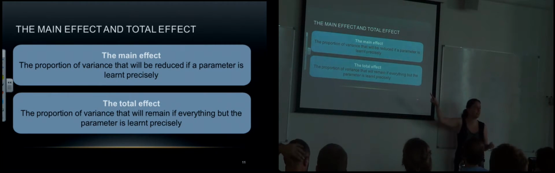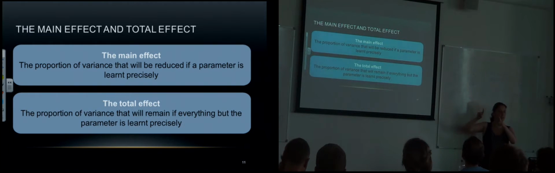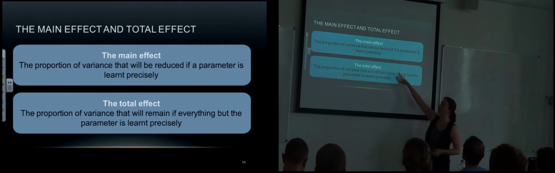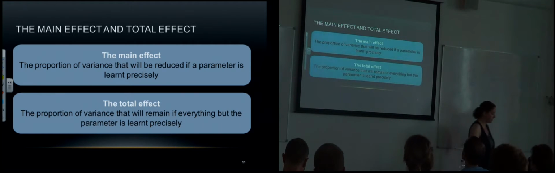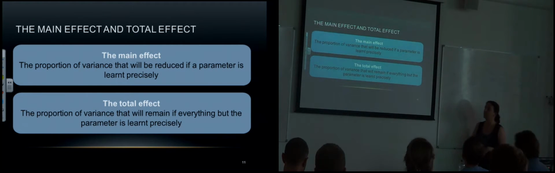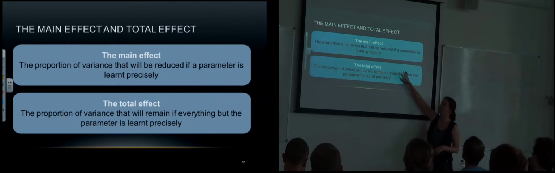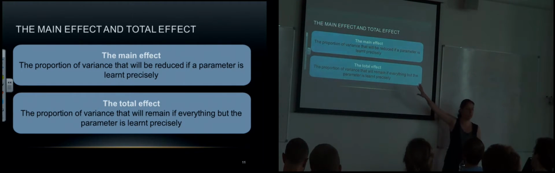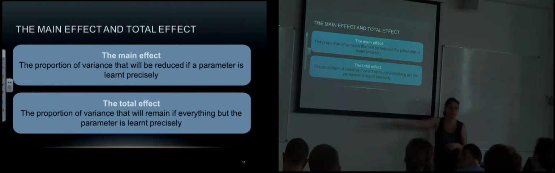So if your total effect is large compared to your main effect, that parameter is somewhere interacting with another one. Otherwise, it's just the main effect. Now, interactions get a bit confusing later on. So what I will tell you is that we found very little interaction in terms of the sensitivity analysis. It's main effects that count for almost everything.